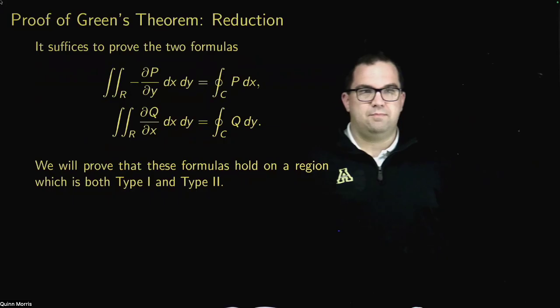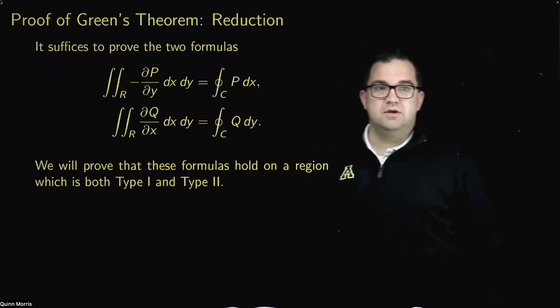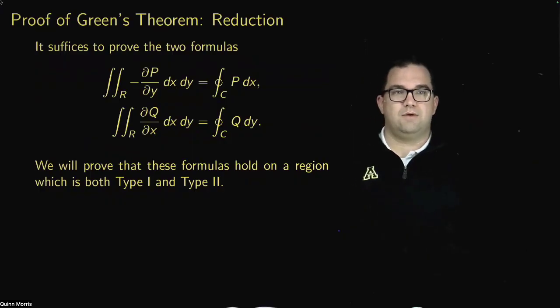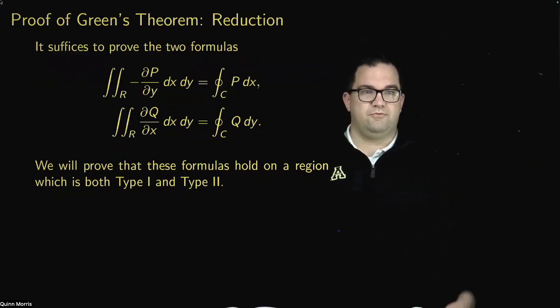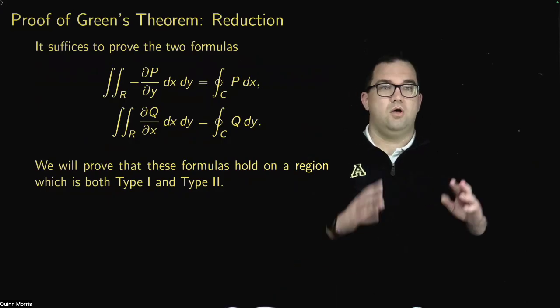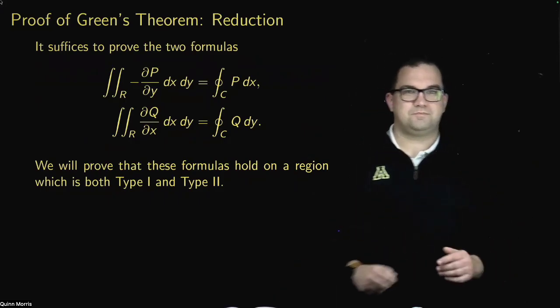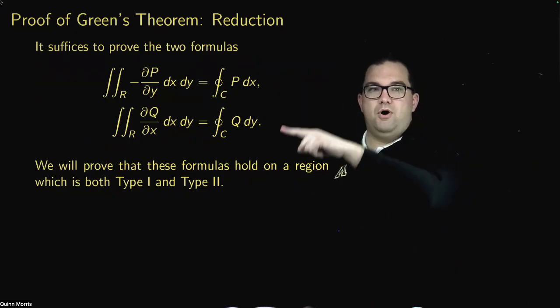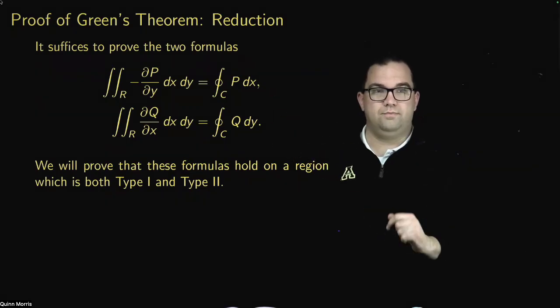And let me point out that it suffices to prove the following two formulas. What I want to show is that, at least on a certain type of region, and we're going to look at a region which is both type 1 and type 2, both of these formulas must hold.